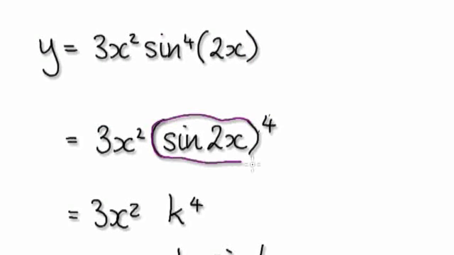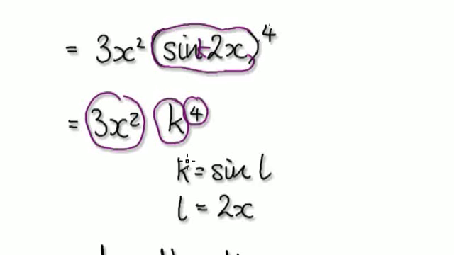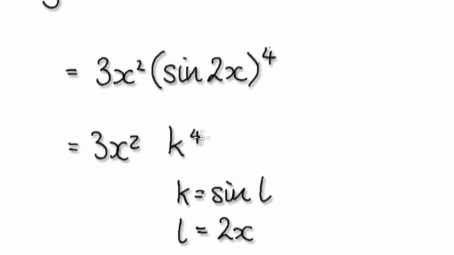So now imagine this whole bubble here as k. So you've got a bubble, k to the power of 4. But then visualize the k as a sine of a bubble.